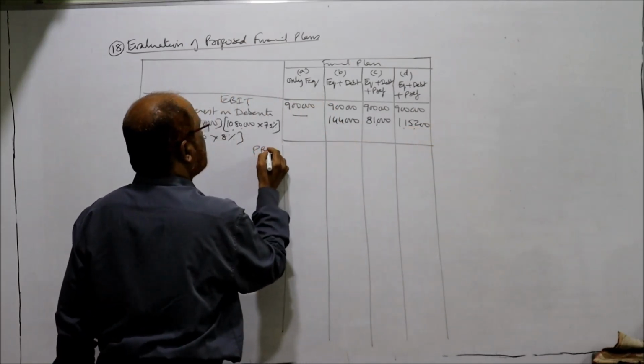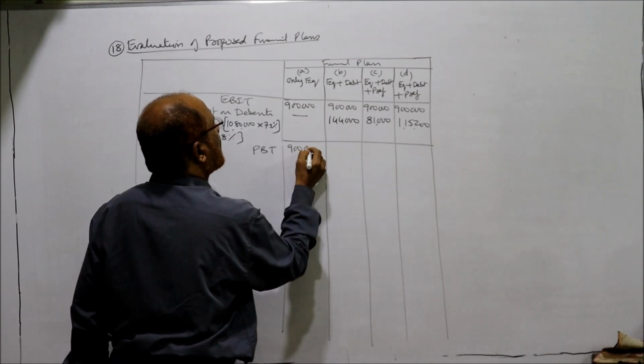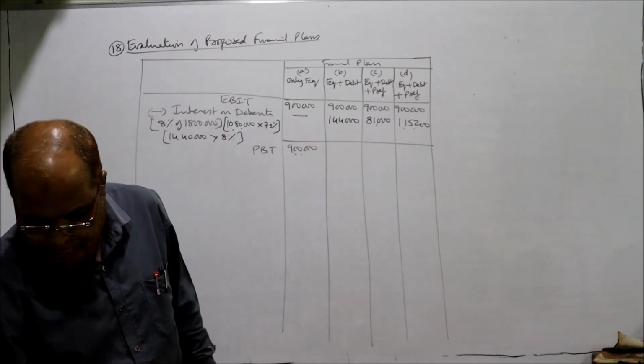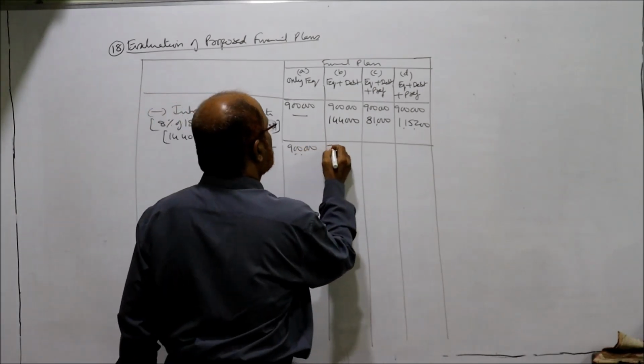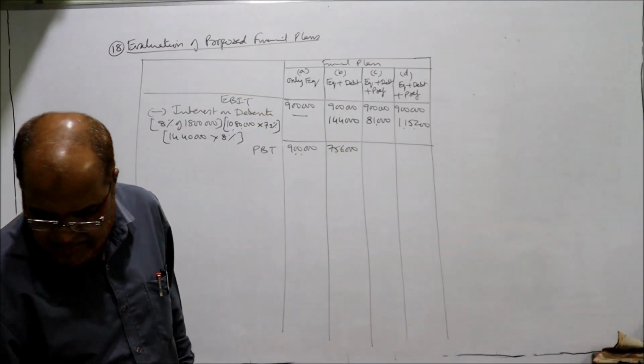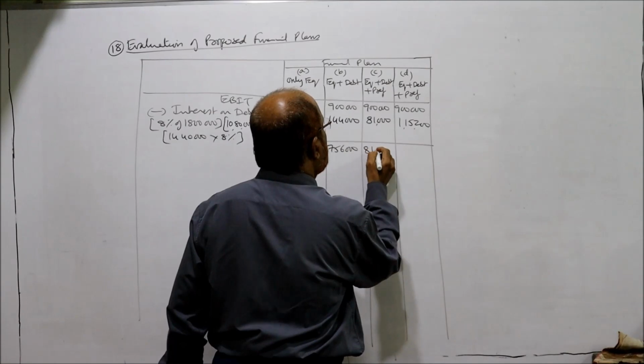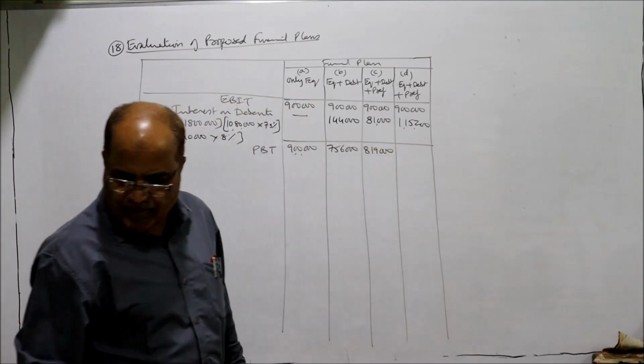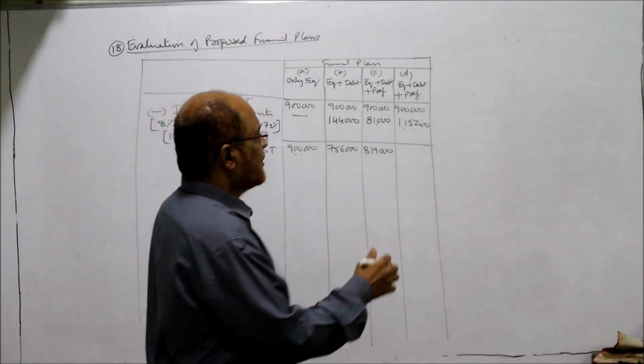Subtract, we will get PBT. 9 lakh, then 7,56,000. Next one is 8,19,000. Last one is 7,84,800.